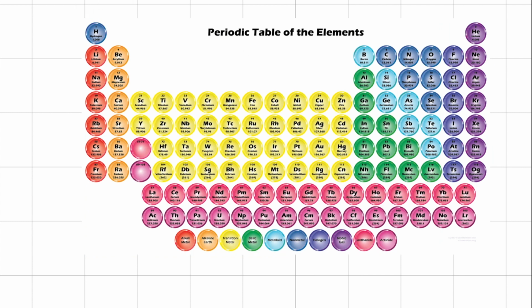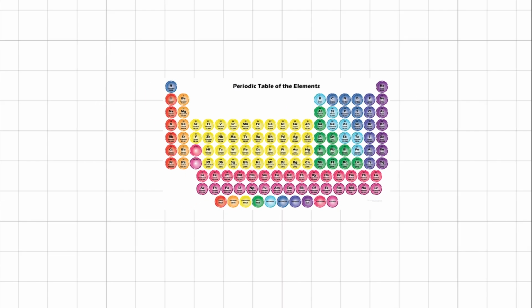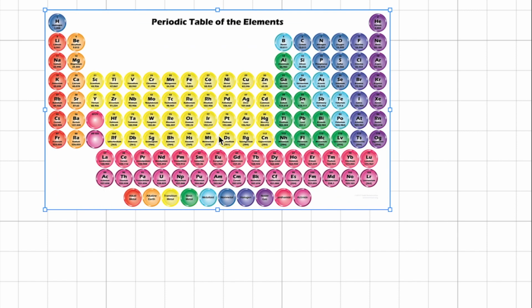Okay, so here we have our periodic table of the elements. So let's label these. So here's row 1, here's row 2, here's row 3. We're going to skip all the metals. I should make this a little bigger, so zoom out. There we go.